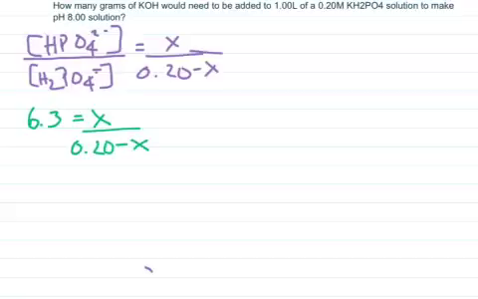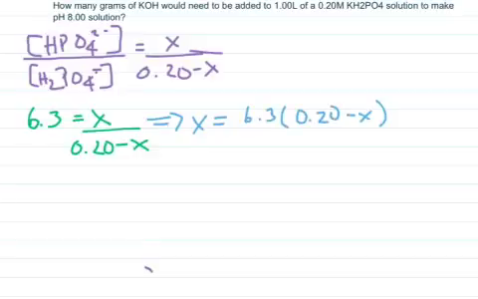Now I'm going to multiply by 0.20 minus x, so x is equal to 6.3 times 0.20 minus x, which gives me 1.26 minus 6.3x equals x.